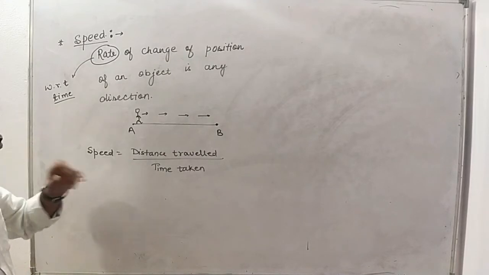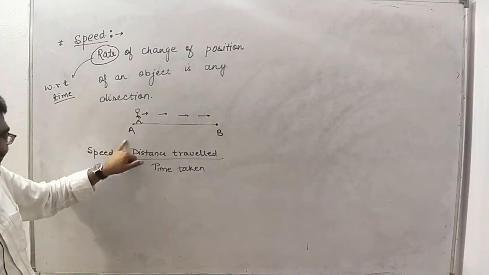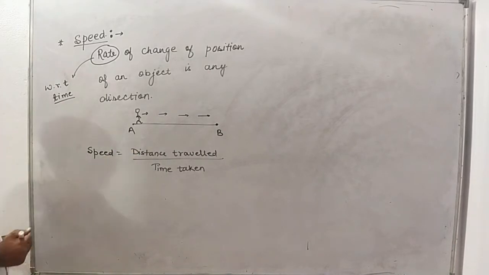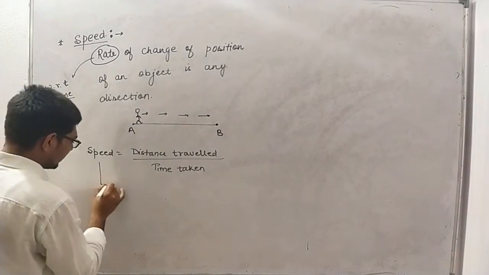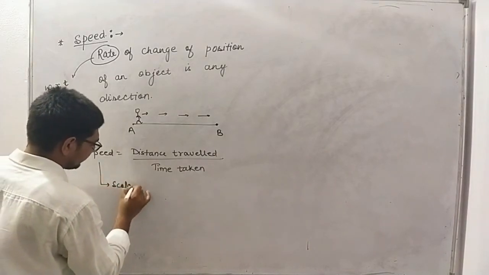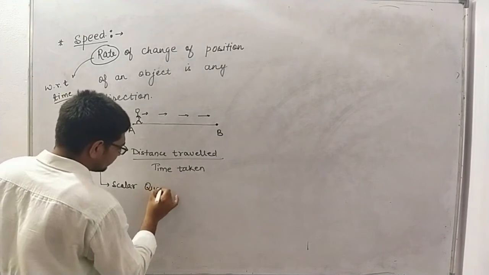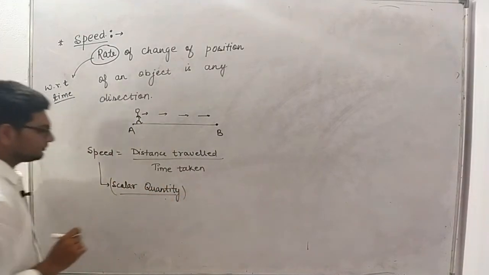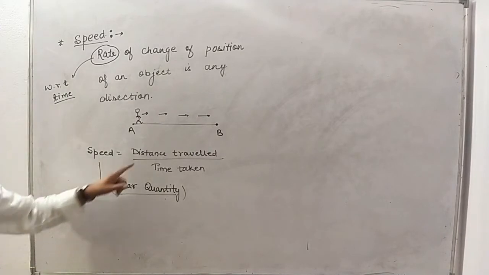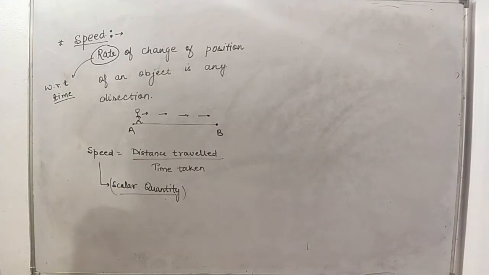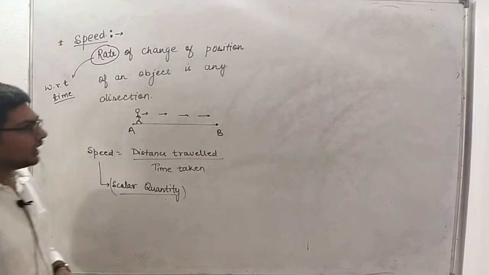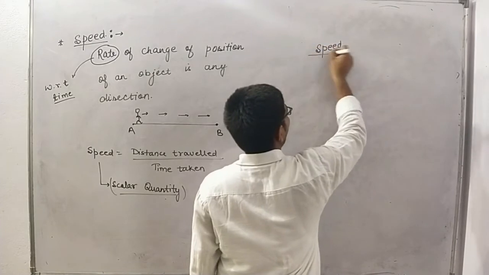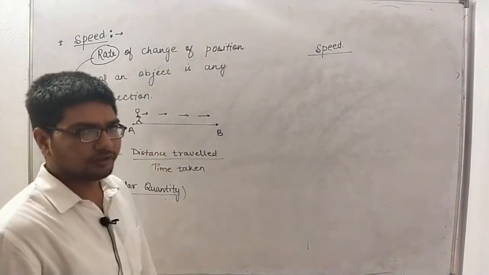Because distance is a scalar quantity and time is a scalar quantity, speed is also a scalar quantity. Now, speed is actually of various types.